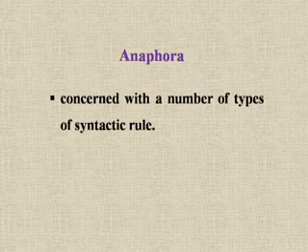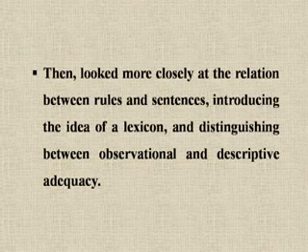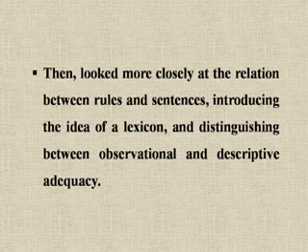We have been concerned with a number of types of syntactic rules. We have looked at the nature of phrase structure rules. Then we looked more closely at the relation between rules and sentences, introducing the idea of a lexicon, and distinguishing between observational and descriptive adequacy.